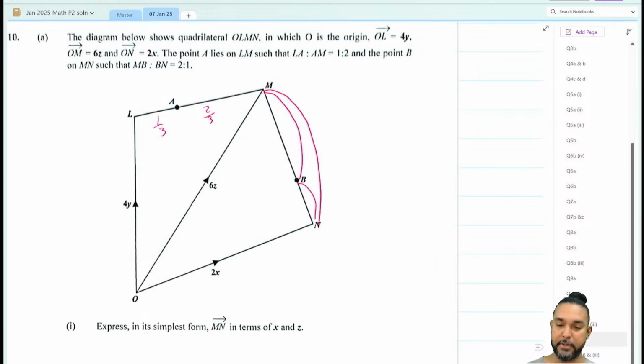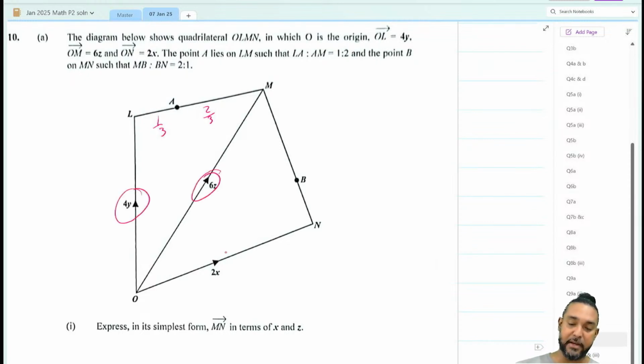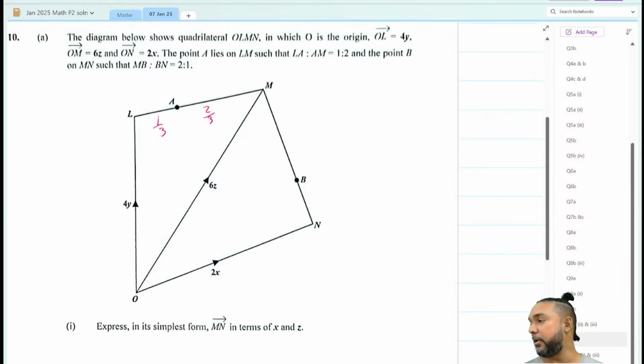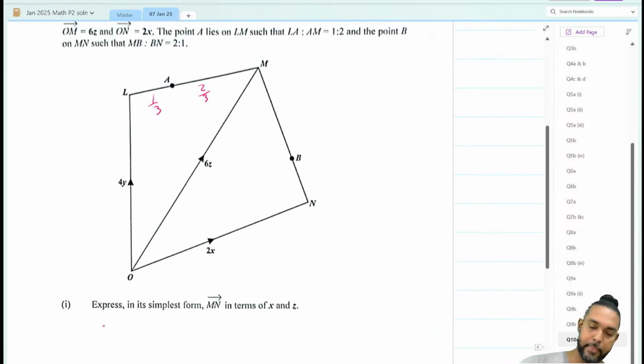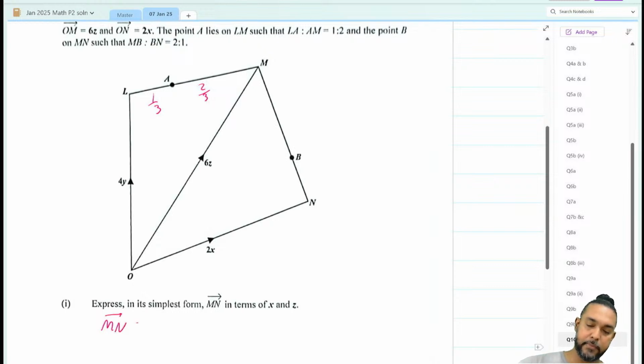So MN. With vectors, you can only travel along the lines that you have the vectors on. So you only have vectors here, here, and here. To go from M to N, you have to go from M to O, and then O to N. So MN is equal to MO plus ON.